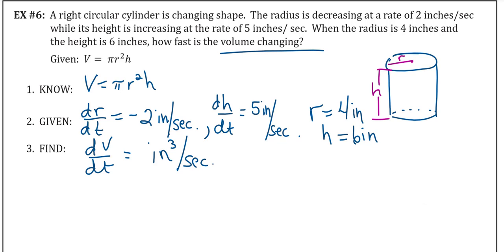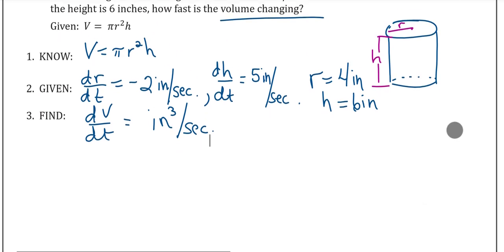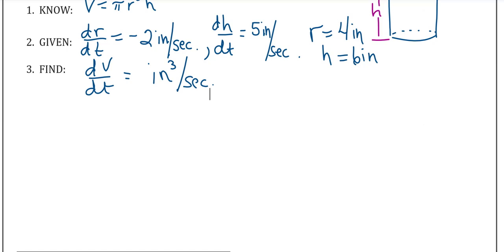All right, so let's start with our equation and take the derivative with respect to time. We have V equals pi r squared h, and we're going to take the derivative with respect to time on both sides.